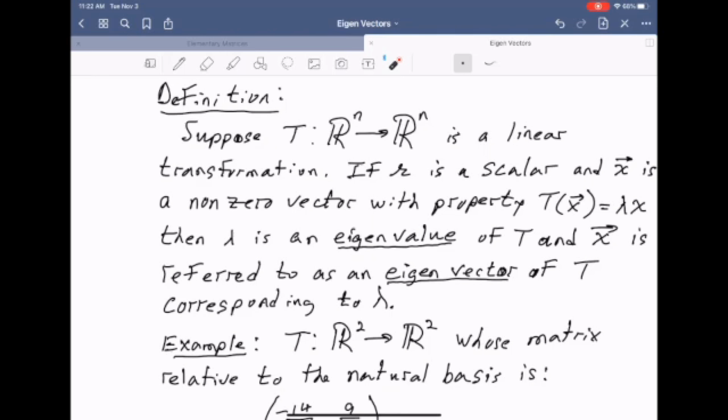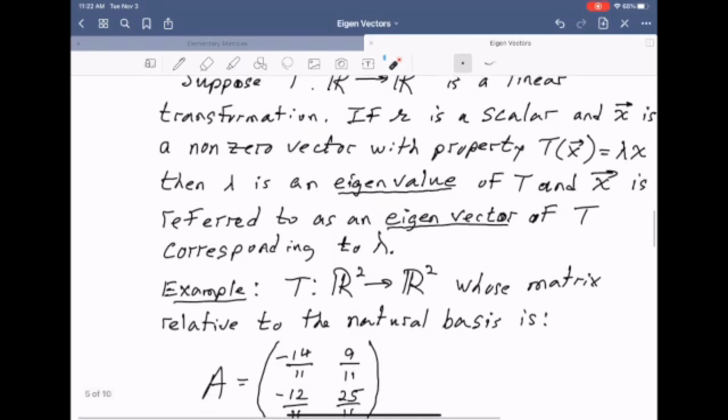Now, if lambda is a scalar and x is a non-zero vector with the property Tx is equal to lambda x, then lambda we refer to as an eigenvalue of the transformation T, and the vector x is referred to as an eigenvector of transformation T corresponding to this lambda.